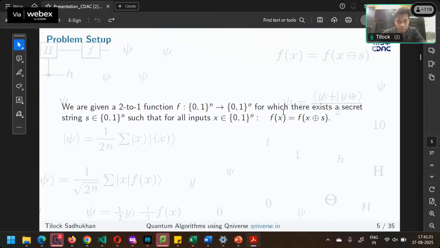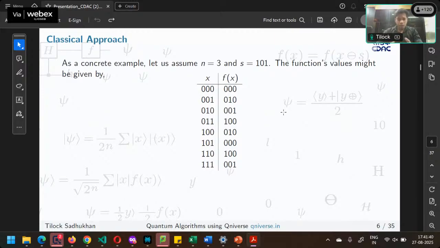Now, using Simon's algorithm, we are essentially trying to find that secret string by using Oracle queries to f. That is the main agenda of the whole idea of what we are essentially trying to do in Simon's algorithm, which is just to find the secret string s.